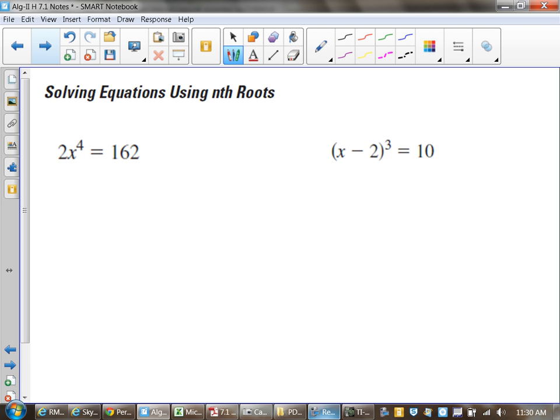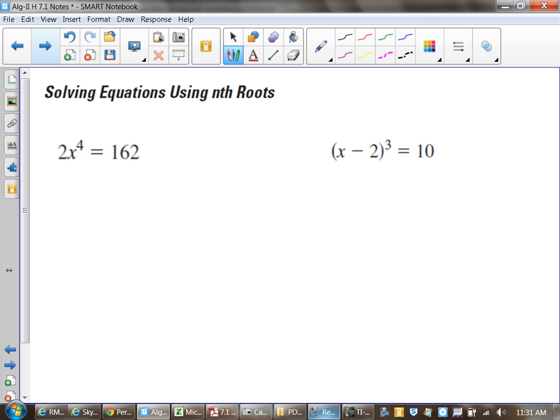But what this is now going to allow us to be able to do is solve scary, scary equations. Now, if I'm going to solve a scary equation, 2x to the 4th equals 162. What do you think the first thing is you have to do?